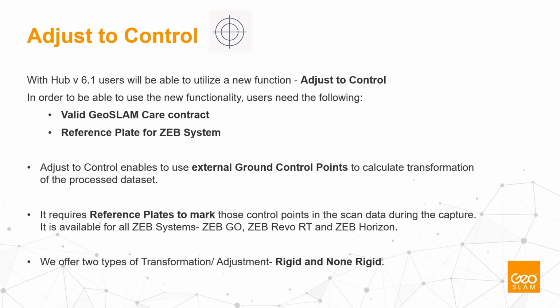It has to use reference plates to mark those control points while scanning, and it can be used for all of our handheld devices. We do offer two types of transformation or adjustment: a rigid transformation and a non-rigid adjustment. I will show you a little bit more in depth about those in a couple of later slides.